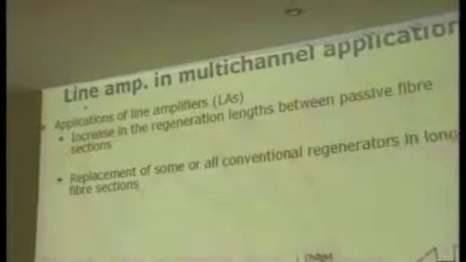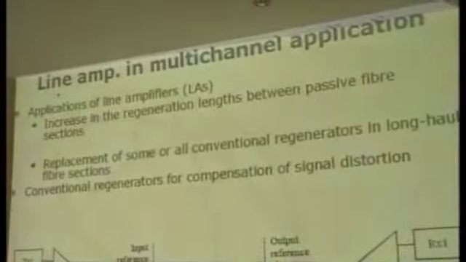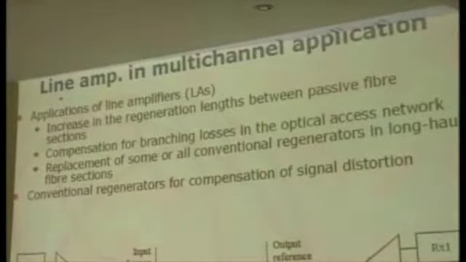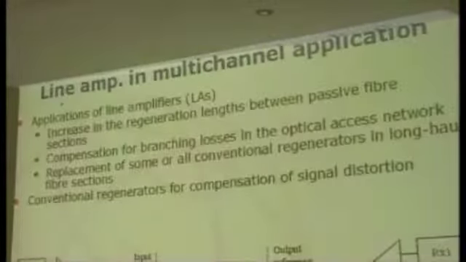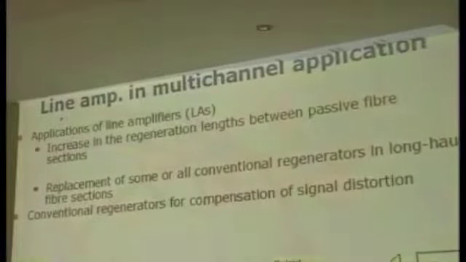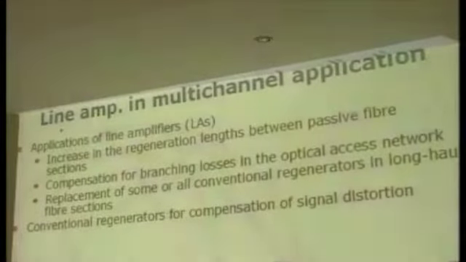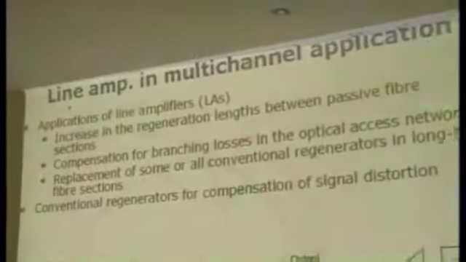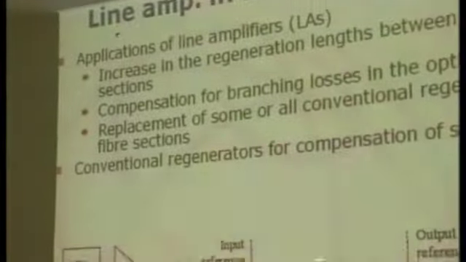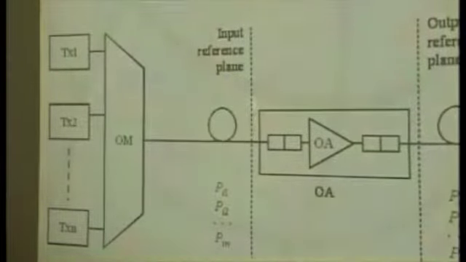And the next one is optical amplifiers used as a line amplifier. This is the most commonly used case of optical amplifier. You use optical amplifiers like a repeater, for optical amplification of optical signals.